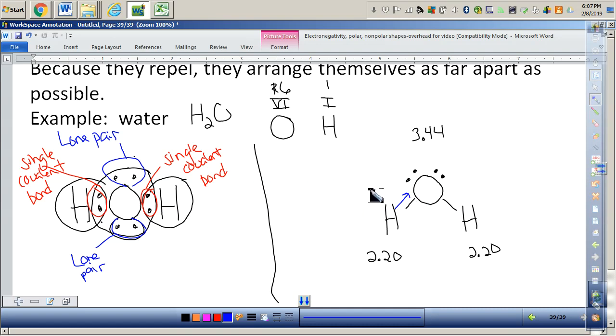And so we draw an arrow to show that oxygen is pulling on those electrons more. It's kind of like this is the rope in a tug of war, and oxygen has more of the rope on its side because it's pulling on those electrons more. So in both of these bonds, the oxygen's winning the tug of war, and it's pulling those electrons over to its side of the molecule.